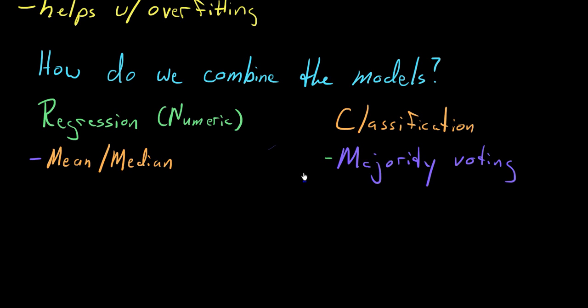With classification, say we built 5 classifiers, what we do is we take the majority vote. So we have a new instance that we want to classify, and we pass it through our 5 classifiers that we've built using the sampling, and then we want a final value. Say we're using the Titanic data, we want to know if they survived or they didn't survive.